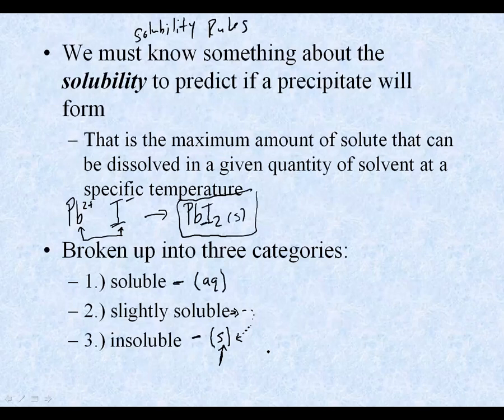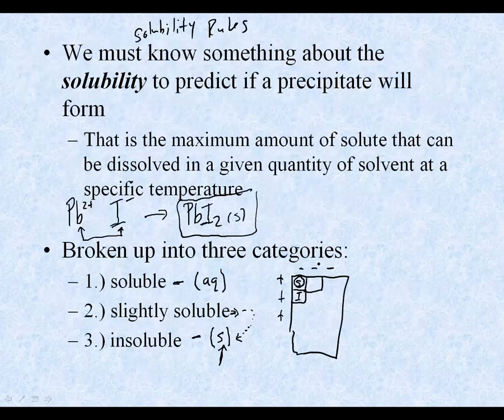But in a solubility table, and perhaps if you remember, we had that earlier experiment in the post lab where it was kind of like a table like this. There's a bunch of, say, positive ions on this side, a bunch of negative ions on this side, and there was a bunch of boxes. And in those boxes, it maybe said S, it maybe said I. And that's typically what a solubility table looks like. You find the two ions, move your fingers to the box, and see what it says.